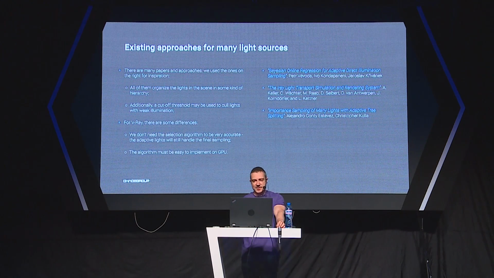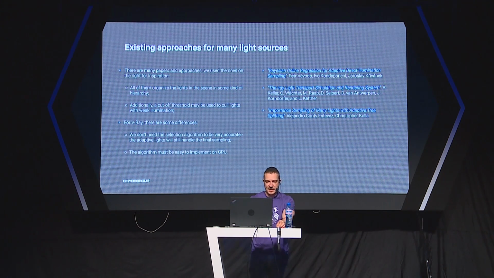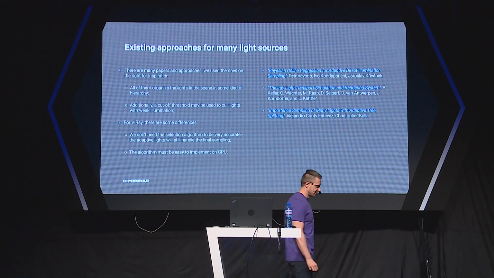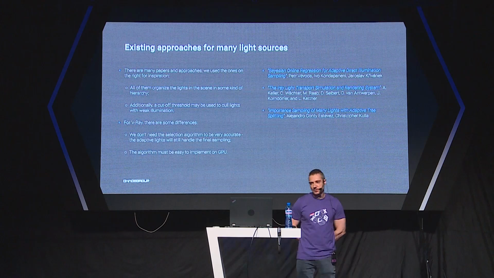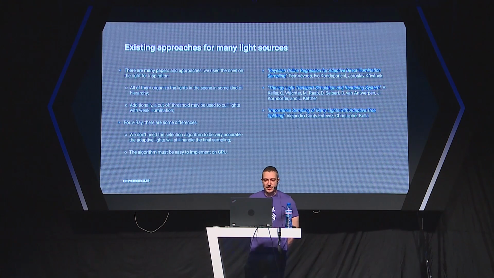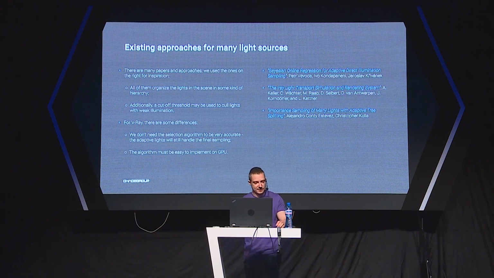So I looked at these papers, and the obvious thing was that we also needed some kind of hierarchy. But the difference is that we don't need it to be very precise, because for the final rendering, we will still probably be using the adaptive lights, and they work fairly well. So we would ideally only use this hierarchical approach during the light cache phase. So it was not needed to be super accurate.